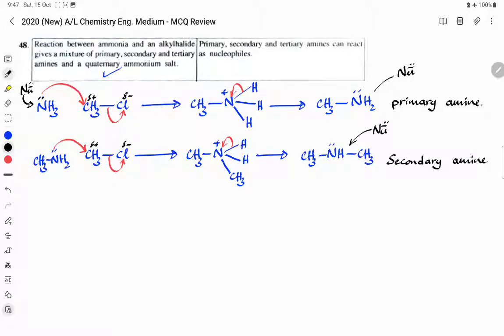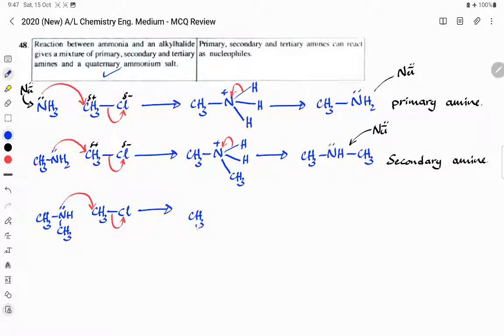Now when this secondary amine reacts with the alkyl halide, let's see what happens. There's a lone pair here. This is the alkyl halide. The lone pair on the nitrogen can attack this carbon. The chlorine will be removed.